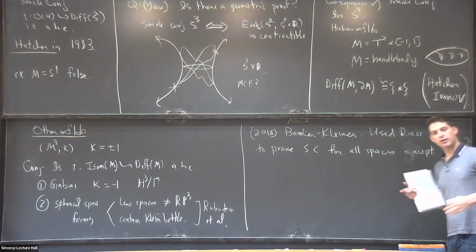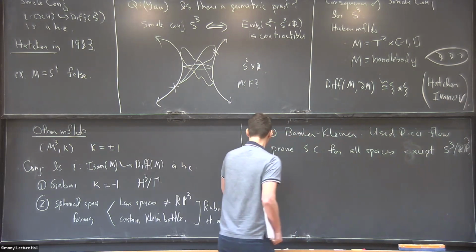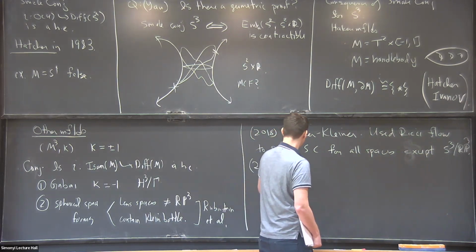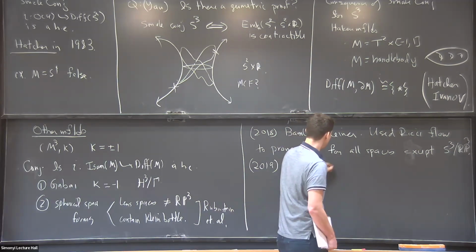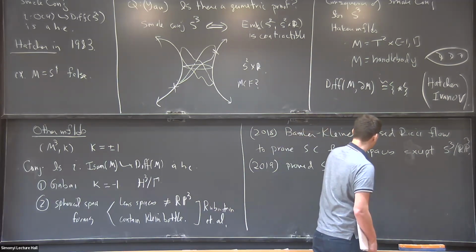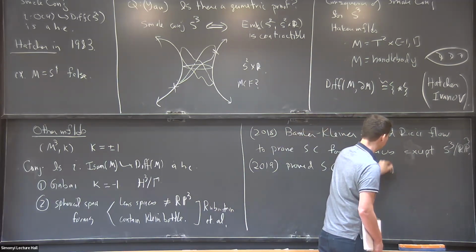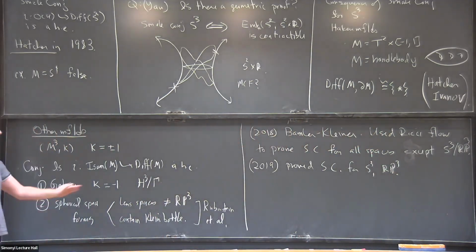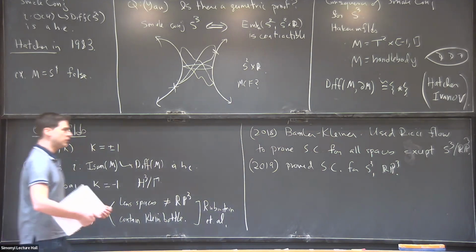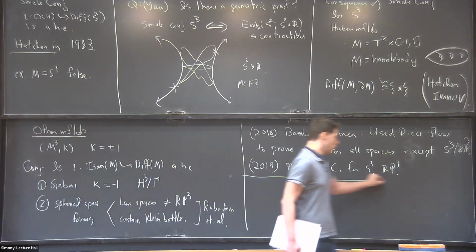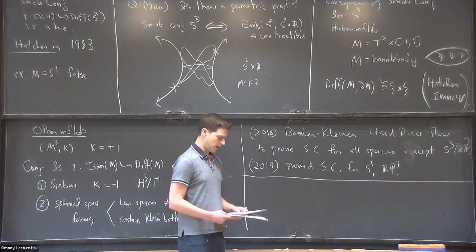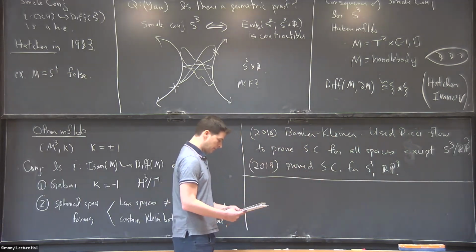So they proved it assuming those, and then later in 2019, they proved the Smale conjecture for these two guys. It uses all of Perelman's work, and it uses Ricci flow with surgeries. You have to know that the flow is unique through singularities, and so it's a very involved process.